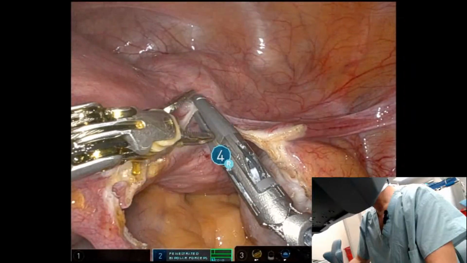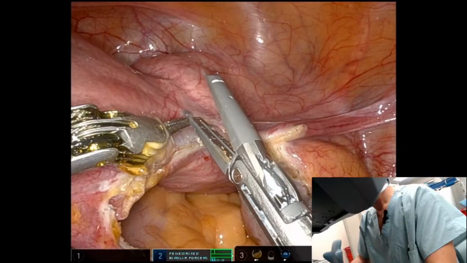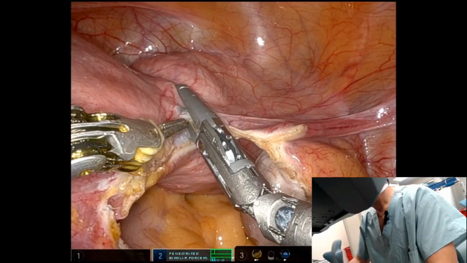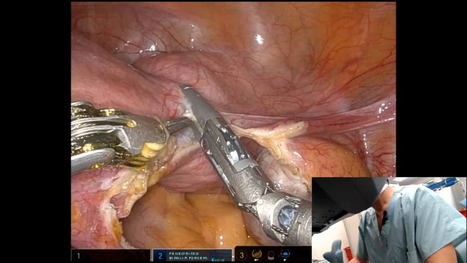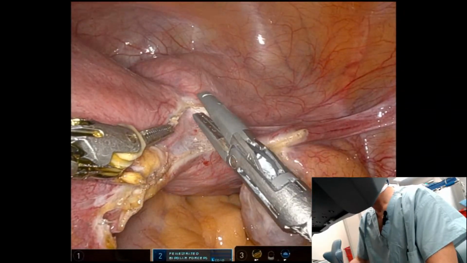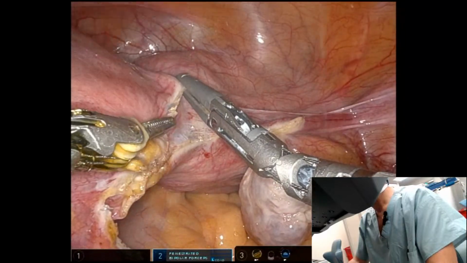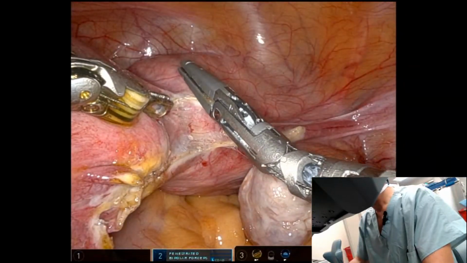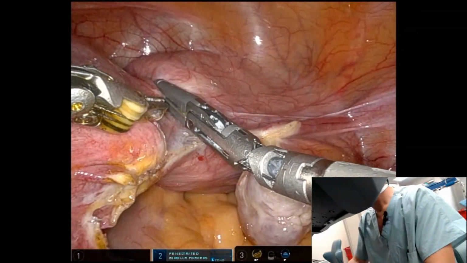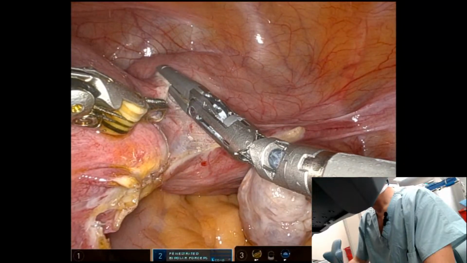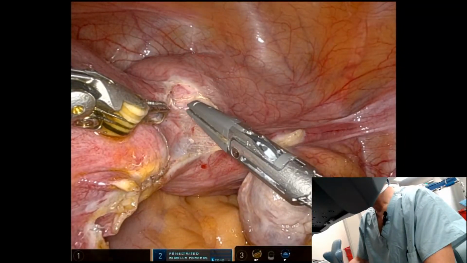Both of these instruments are bipolar. So we're exposing right here the uterine artery and the uterine vein by opening the broad ligament.